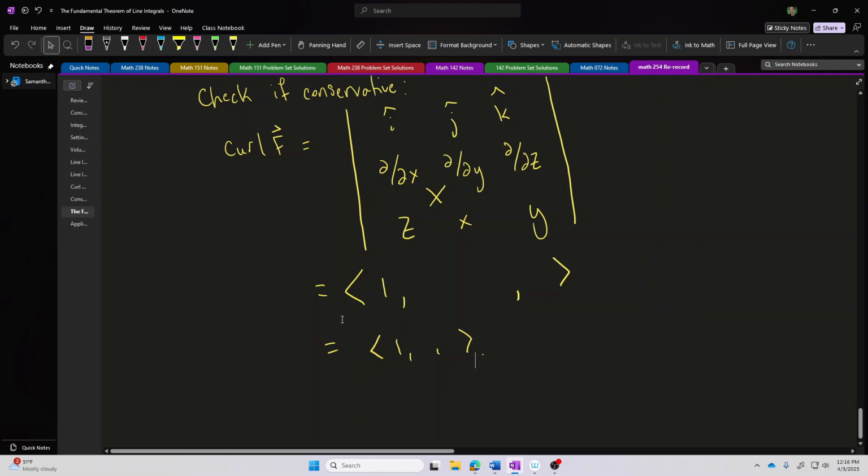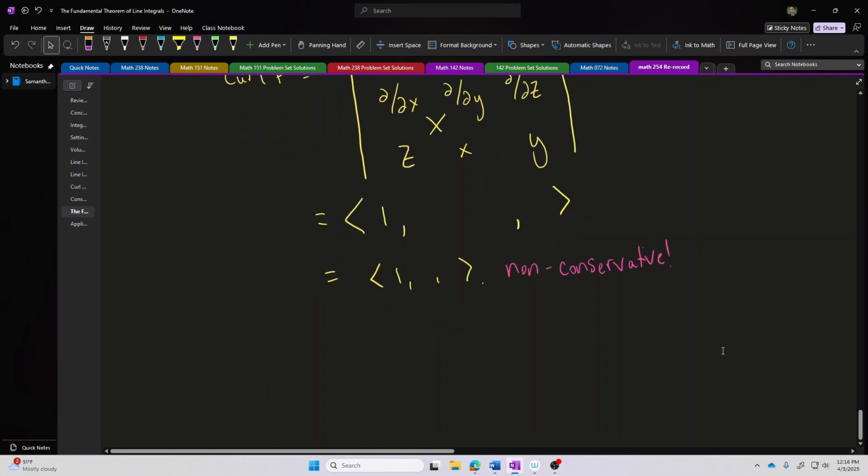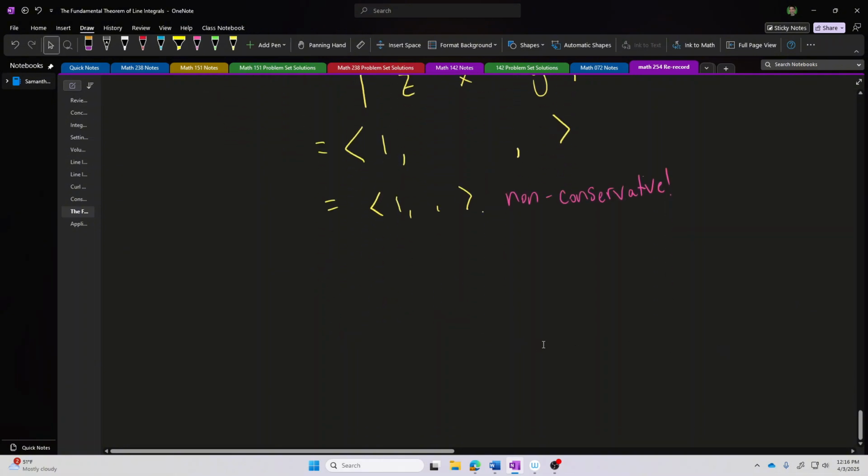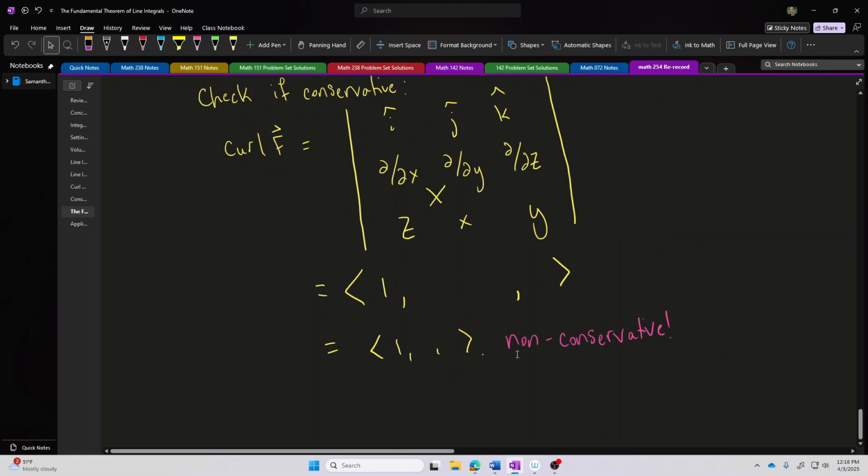So if you see a non-zero entry anywhere, you know right away this is a non-conservative vector field. As a result, the fundamental theorem of line integrals cannot be used.